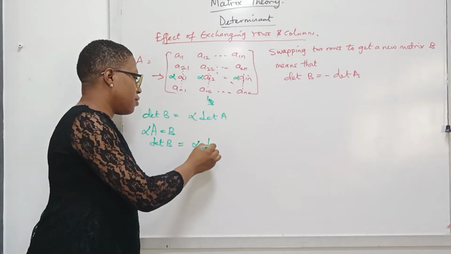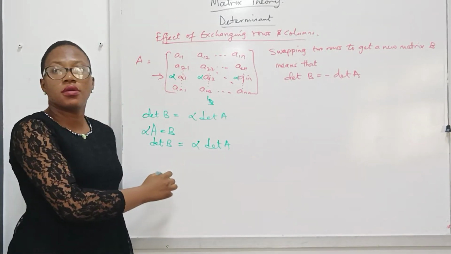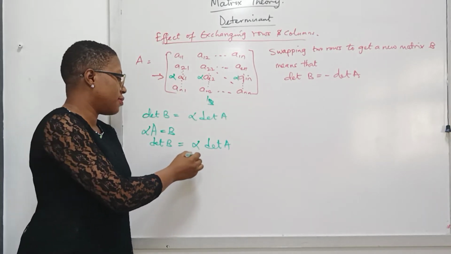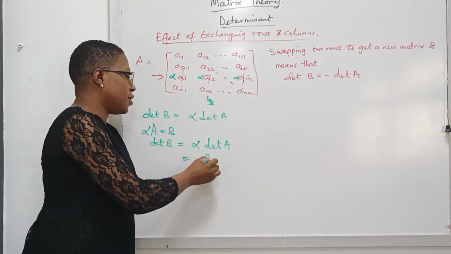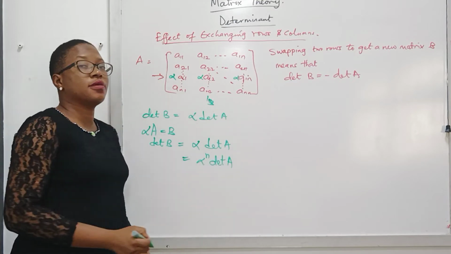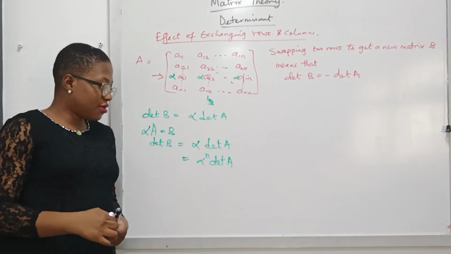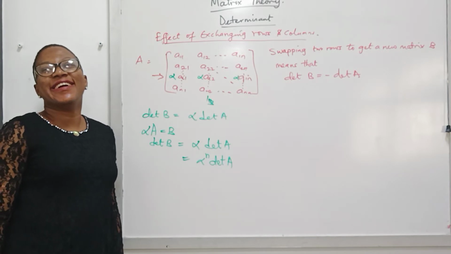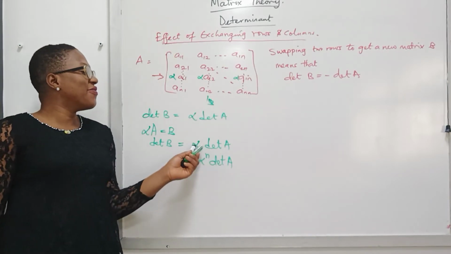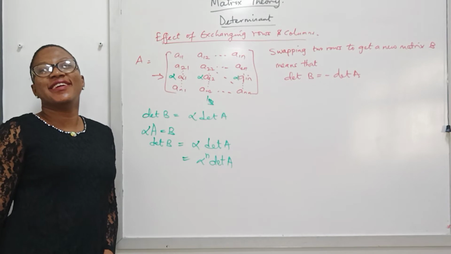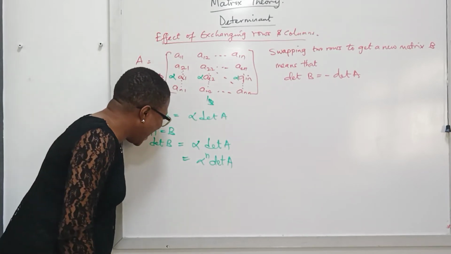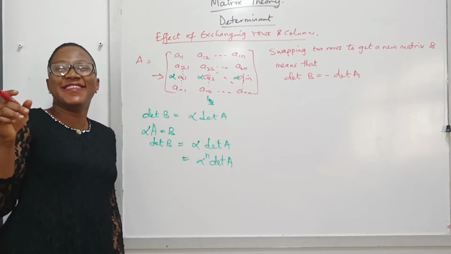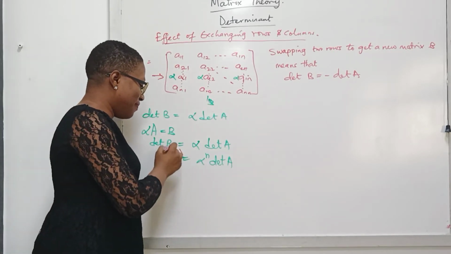Alpha determinant of A. Any other person? Alpha to the power n determinant of A. Any other person? Which one do you think is correct? If you go for the first option, raise up your hand. So this is the correct answer.